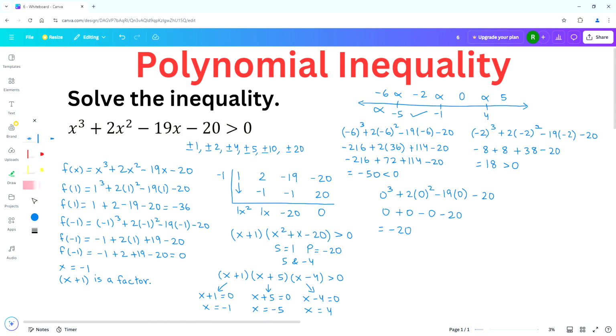I get negative 20, which is less than 0. Therefore, the inequality is not satisfied in the interval from negative 1 to positive 4.